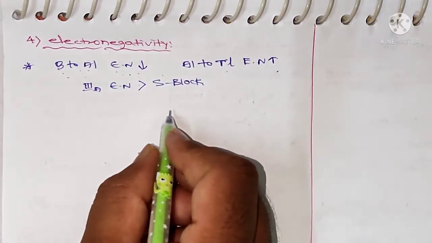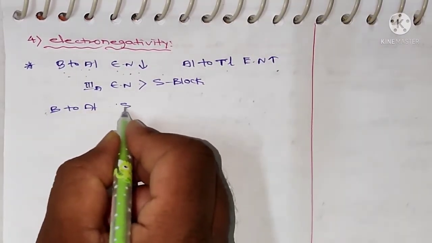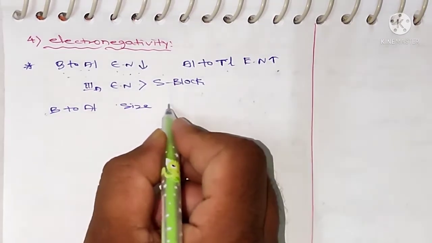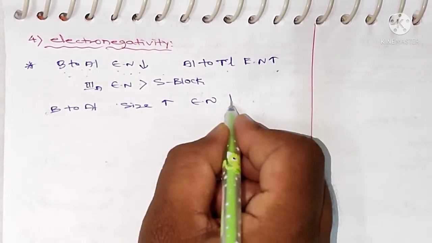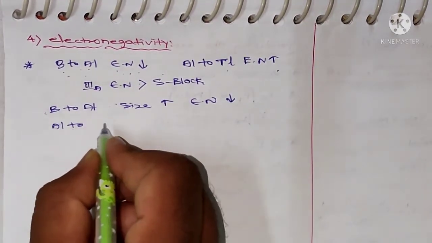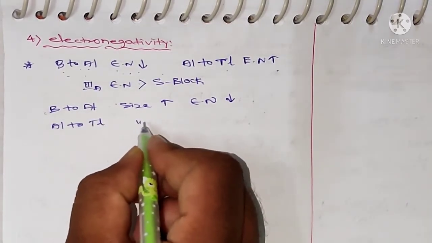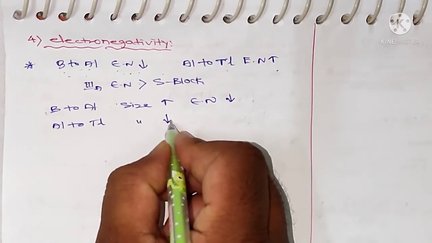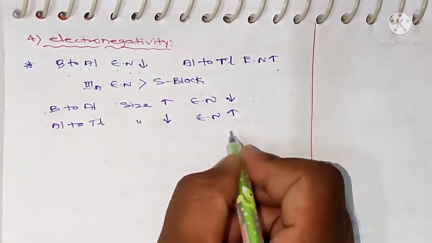So from boron to aluminium the size increases and electronegativity decreases, and from aluminium to thallium the size decreases and electronegativity increases.